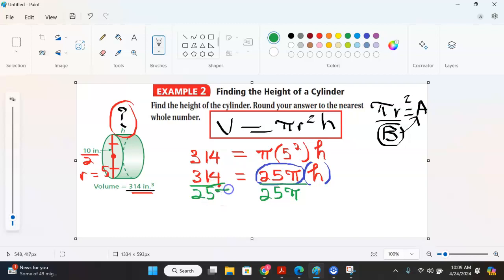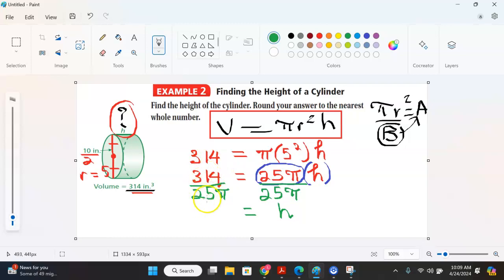25 pi divided by 25 pi is 1, so this reduces to 1, and you have h left over here. And then 314 divided by pi. Well, pi is 3.14, so 314 divided by 3.14 gives you 100.